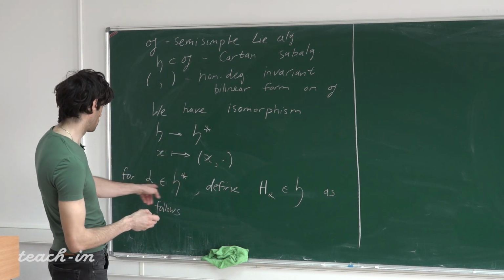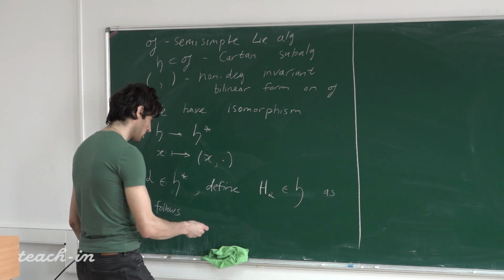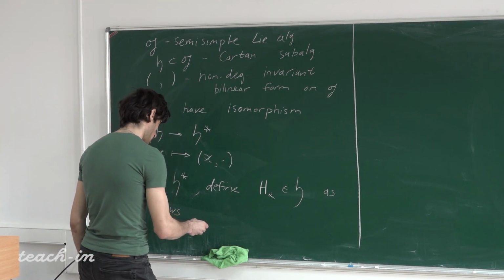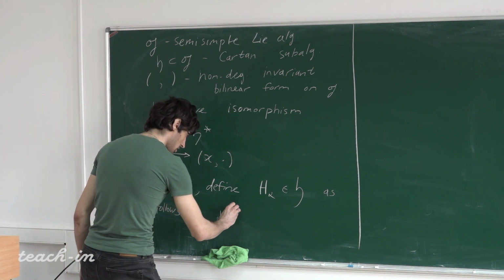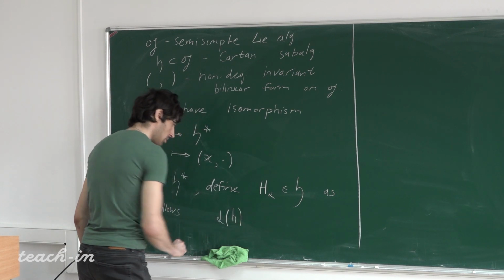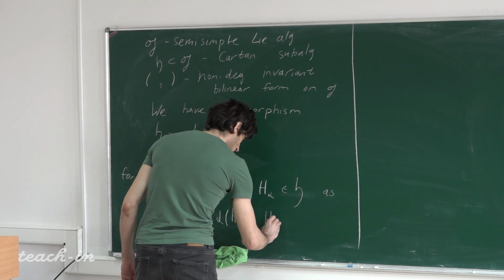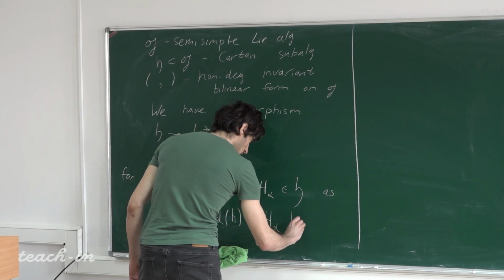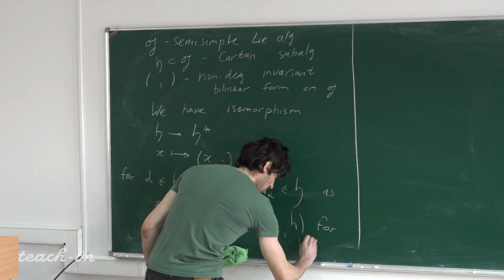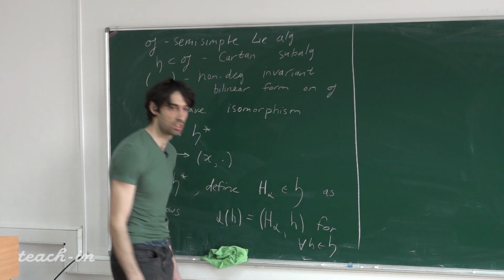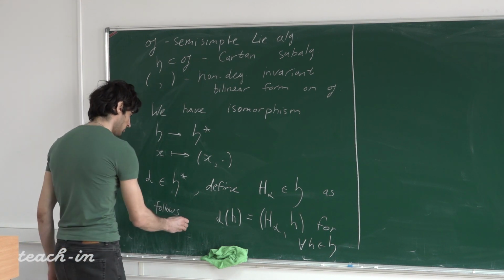As I said, it's just the preimage of alpha under this isomorphism, but we can write it down explicitly. If I take alpha and compute its value on an arbitrary element H of the Lie subalgebra H, this will be the form of H alpha with H. This is for every H from H. All right.